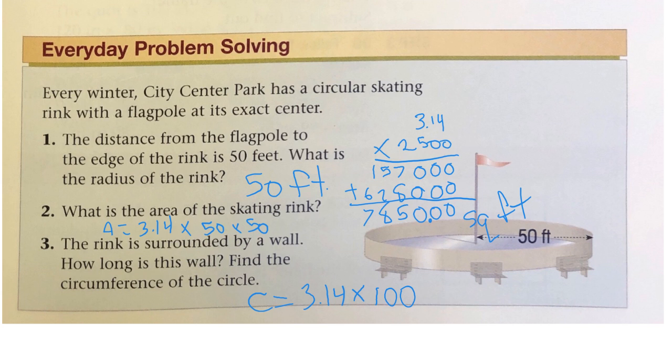Our diameter would be 50 feet twice, or 50 times 2. So we would get 314. We'll be working with feet. 314 feet, because we moved the decimal 2 places to the right by multiplying times 100.